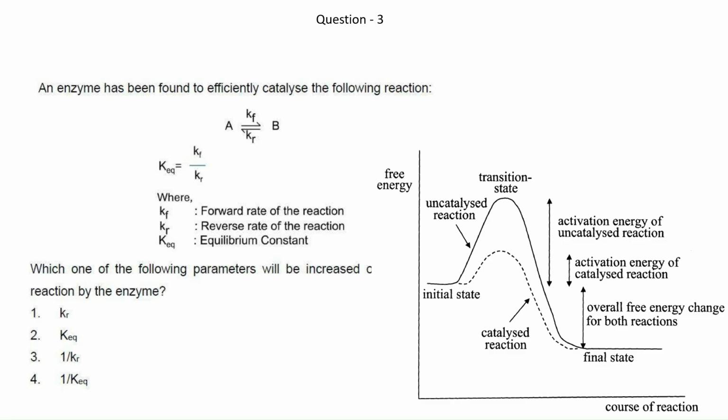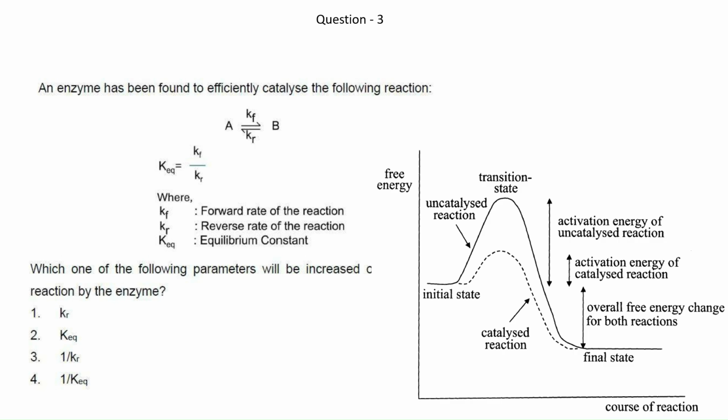Now, as you can see from this image, when using a catalyst, it lowers the free energy of the transition state. That means the transition state for a catalyzed reaction is more stable compared to uncatalyzed reaction.